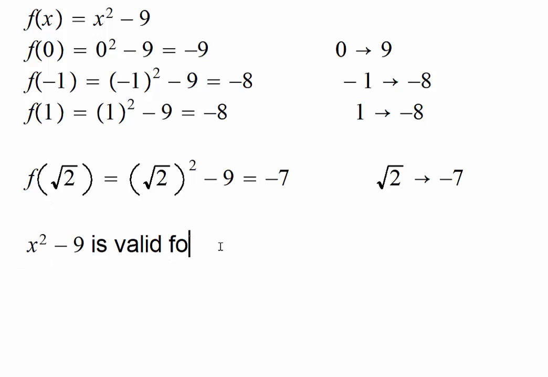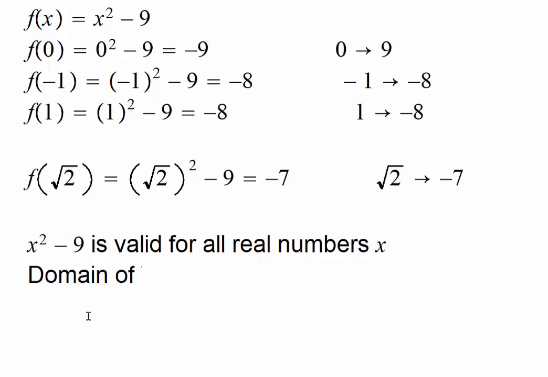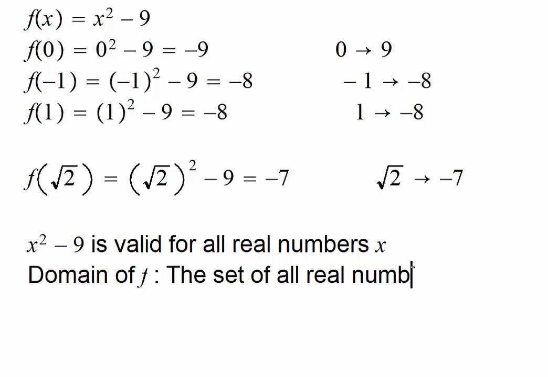So it's valid for all real numbers x, or it gives us a real output for all real numbers x. So what we do here is call the domain of f the set of all real numbers.